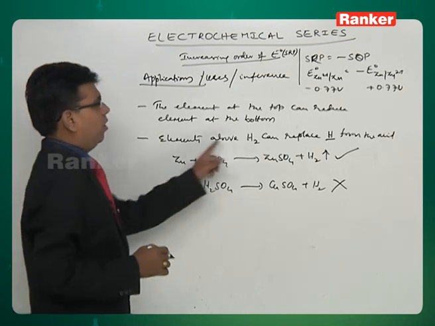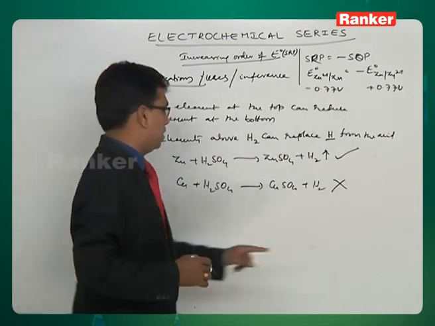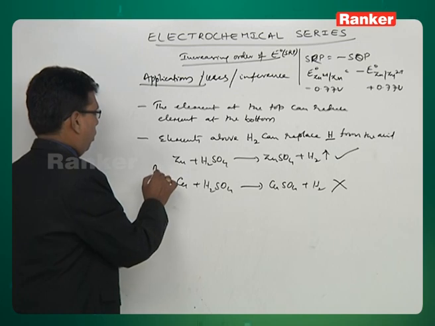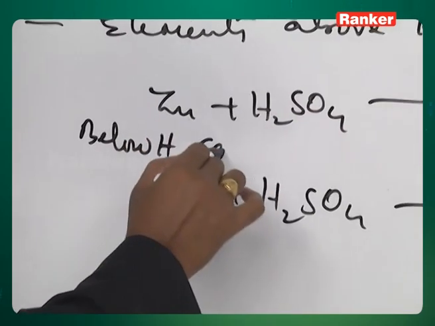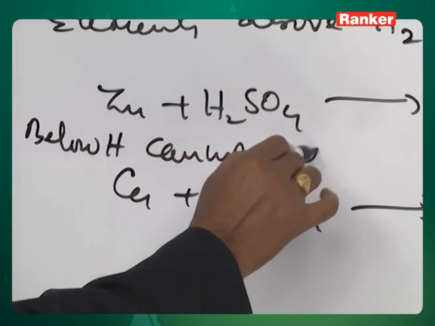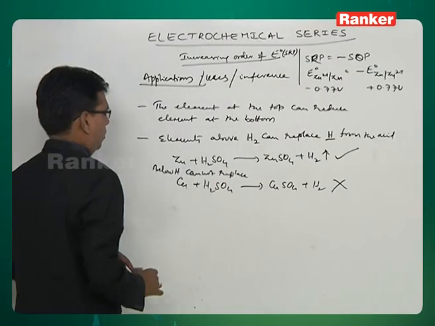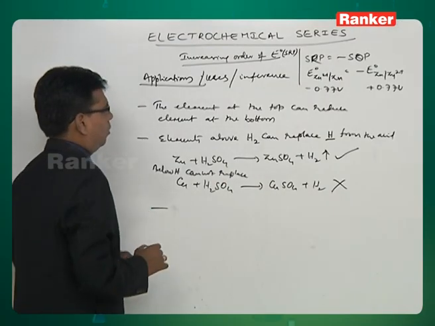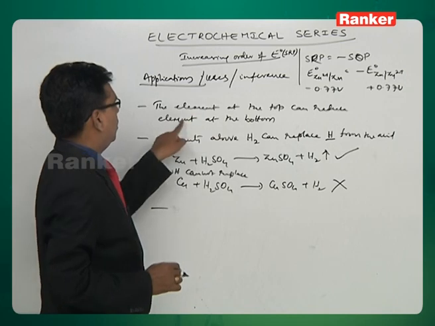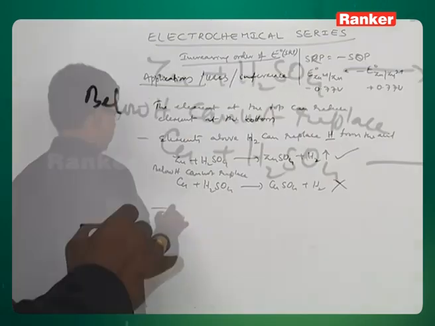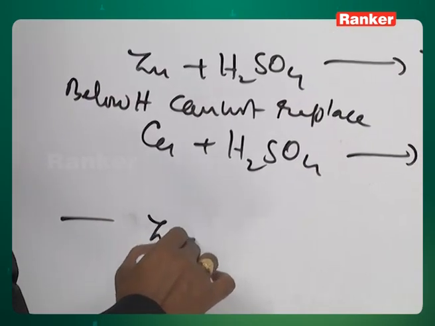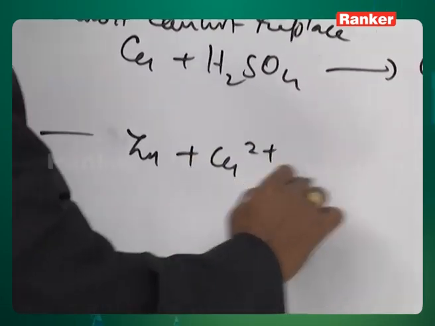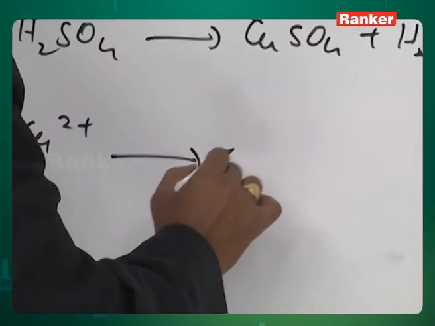So, elements above hydrogen can replace hydrogen from the acid, but elements below hydrogen cannot. And also, the element at the top can reduce the element at the bottom. So, Zn plus Cu2 plus gives Zn2 plus and Cu. This reaction is possible.